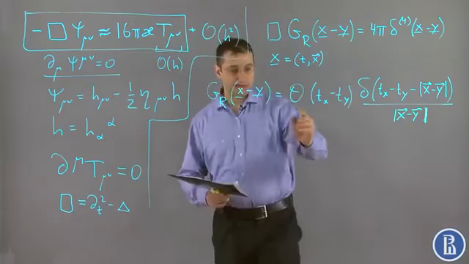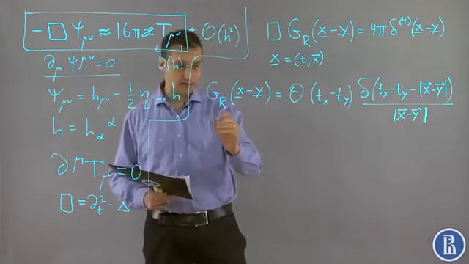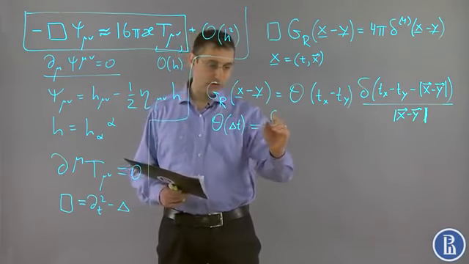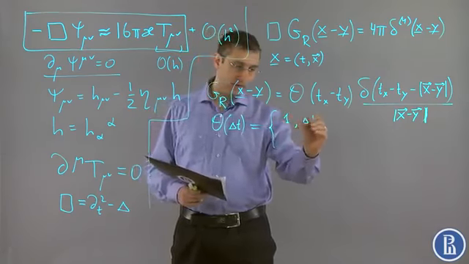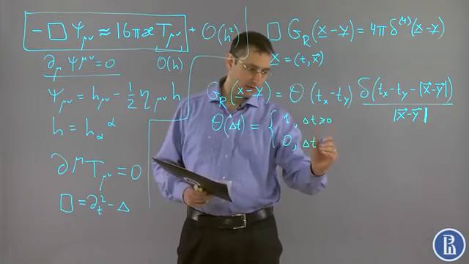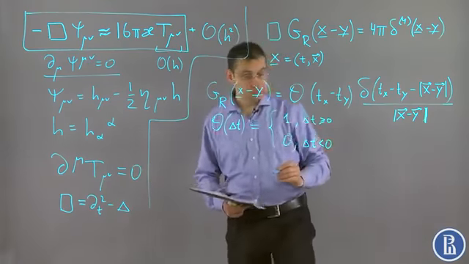The theta function is the Heaviside theta function, so theta of delta t is equal to 1 when delta t is greater than 0, and 0 when delta t is less than 0.